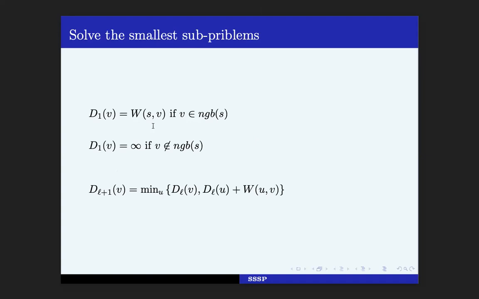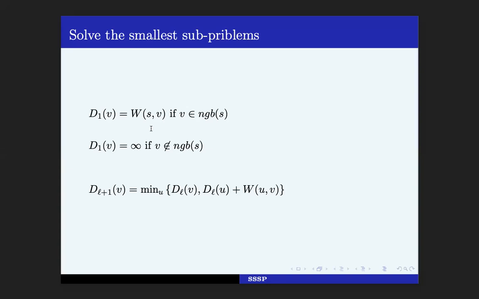It is the shortest path from S to V using one edge. So the only thing that can happen is that there has to be an edge directly connecting S to V, right? So we define it as this one. D_1(V) is the weight of that edge, because at this point there is no other edge, right?